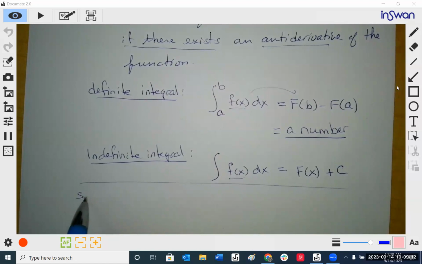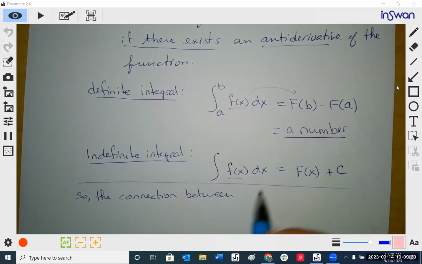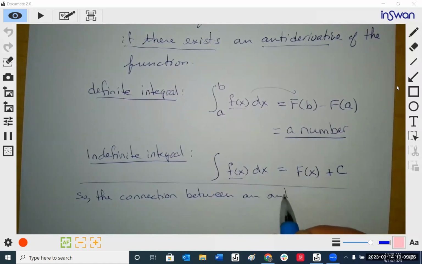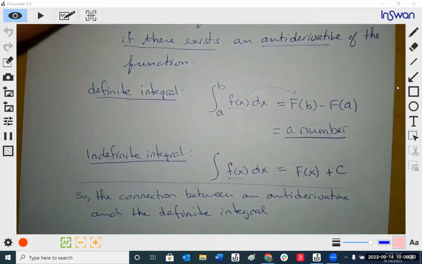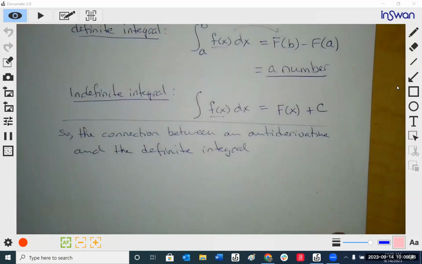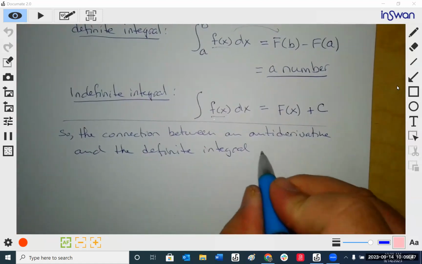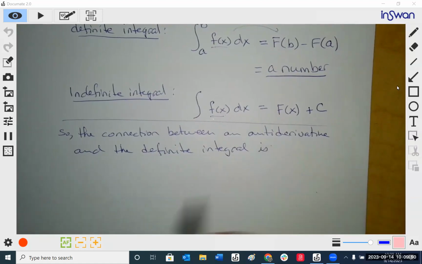So the connection between an antiderivative and the definite integral is this.